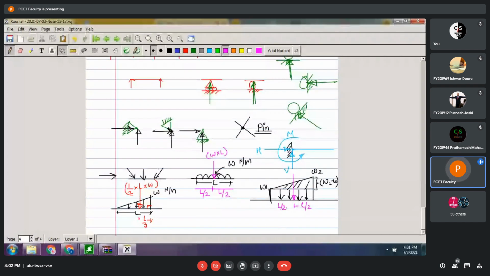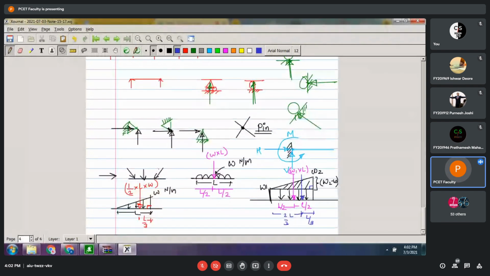And this converted point load will be W1 into L, that is my intensity times span. And for the triangle, the converted load will be from this base point, that is the 90-degree angle, at a distance of L by 3, that is base by 3, or from this point it will be 2 by 3 of L, and there will be the action of the converted point load.